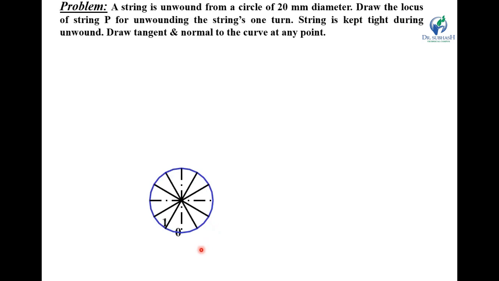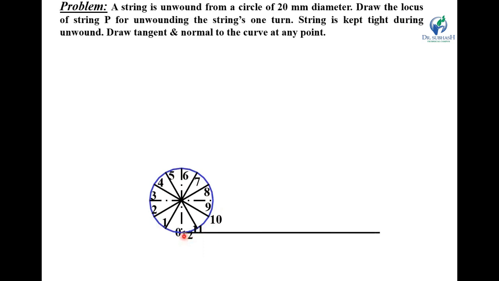Now first of all, you have to draw a circle of diameter 20 mm. Now divide this circle into 12 equal divisions: 0, 1, 2, 3, 4, 5, 6, 7, 8, 9, 10, 11 and 12.